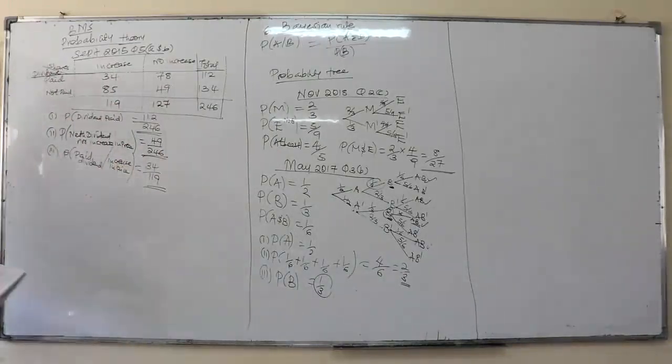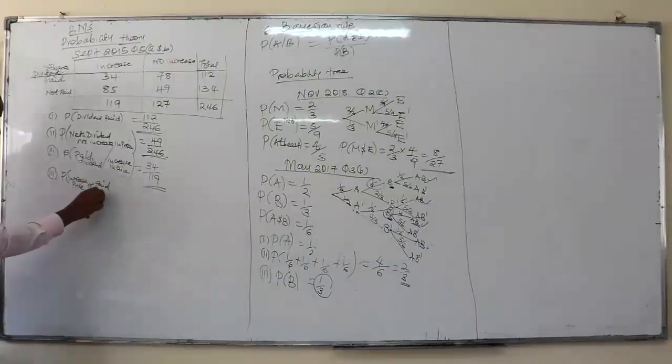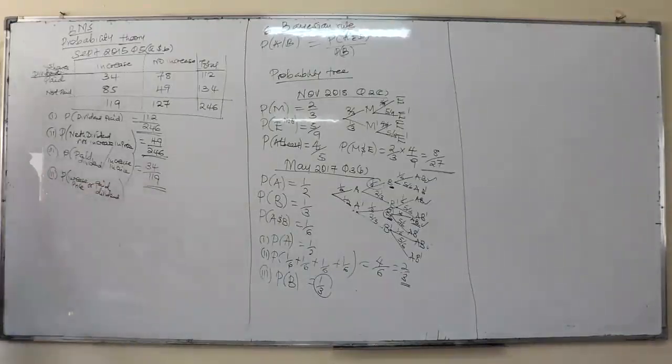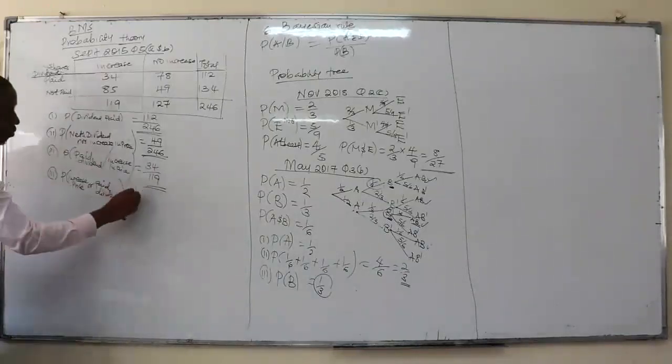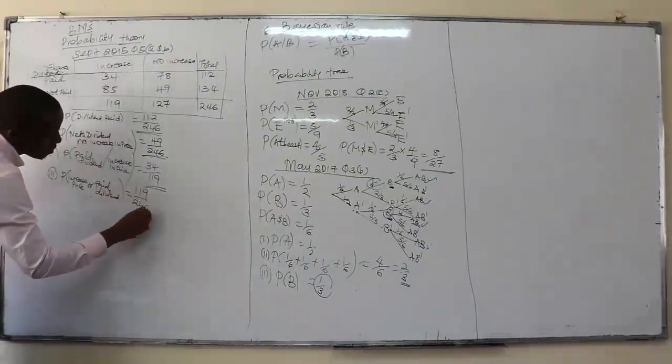So in this case, probability of either price increase or payment of dividend. This is where we said when you are given this, you use the addition rule. So the increase in price is 119 over 246.